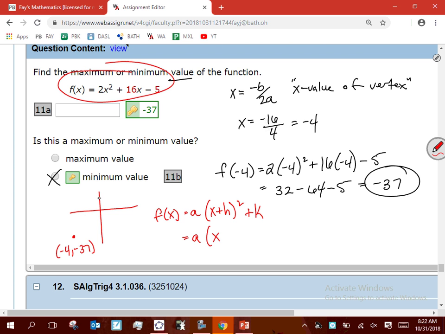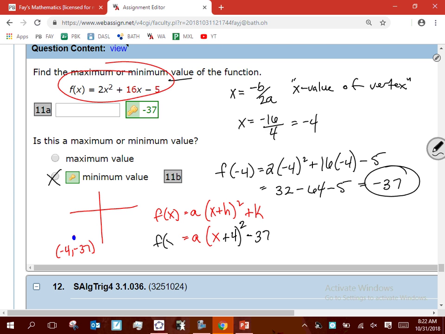Okay, so now if I go from 0, so remember it's a parabola, so this point here is corresponding to that point there on the parent function, so it's moved left 4 units, right? So this would be plus 4 there. We would square that, okay? And then we move down 37, so that would be minus 37. Is that right, everybody? Okay.